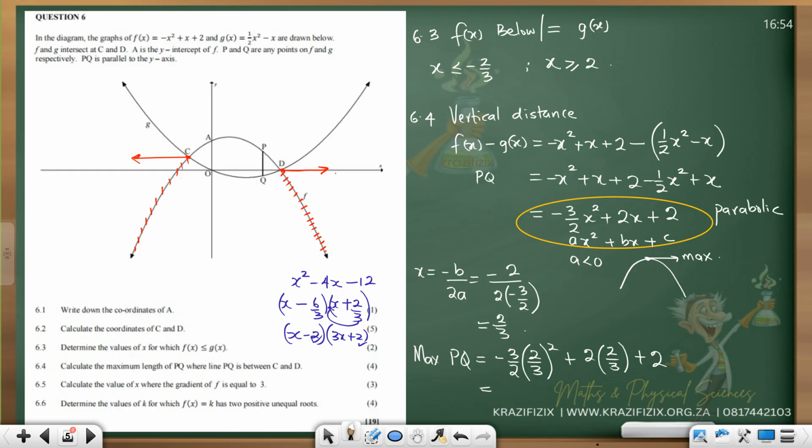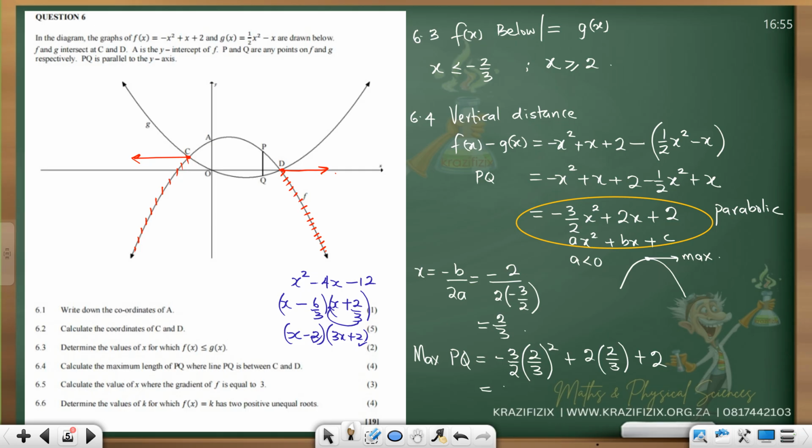And we are all typing, we're not waiting for one person. Mbali says 8 over 3. Oh, you also got 8 over 3. Thank you. So that's the maximum.